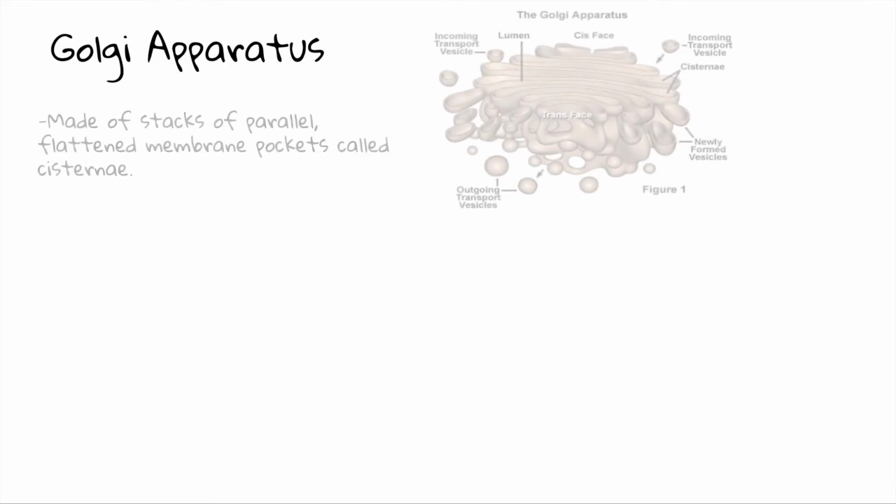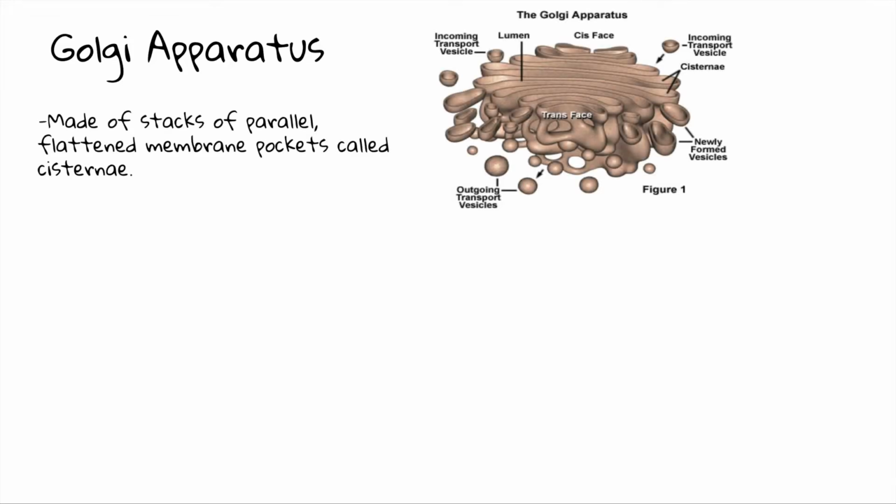Okay, so the Golgi apparatus. It is made of stacks of parallel flattened membrane pockets called cisternae. Cisternae are formed by vesicles from the endoplasmic reticulum. The proteins produced by the RER are brought by vesicles to the Golgi apparatus, as discussed before, in order to be modified.